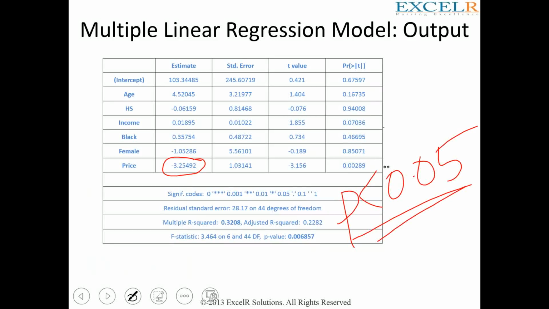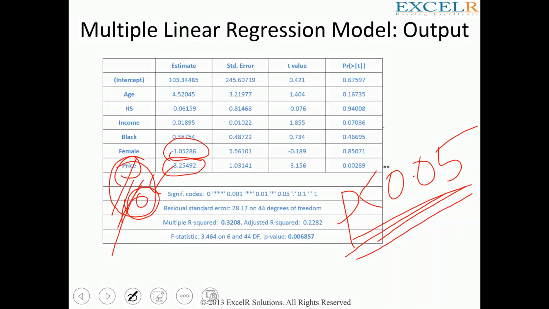If P value is less than 0.05, it in reality means that the value which is presented here is significantly different than 0. That is what it means. And if I have a 0 here, for example, if I multiply 0 with price, price will become 0. So this entire variable is gone, not required for me.